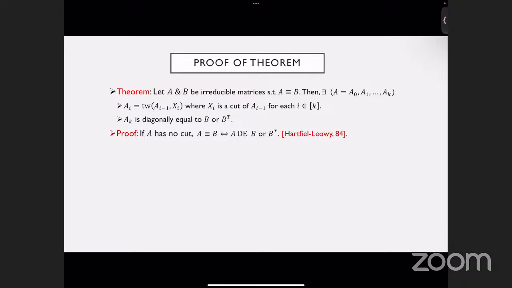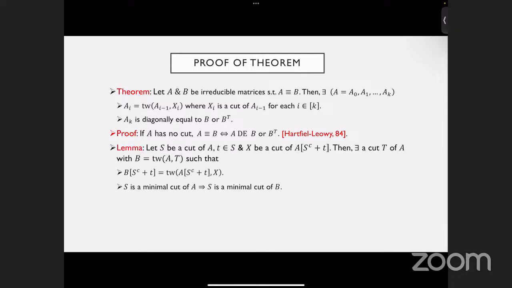The base case is that if this matrix A has no cut, then from the result of Raphael and Loewy, B must be diagonally equal to A or its transpose. So in this case, the sequence has only one matrix.